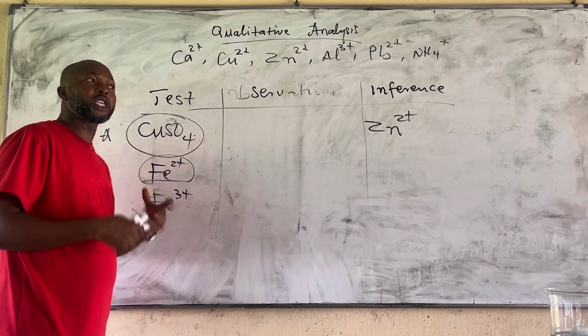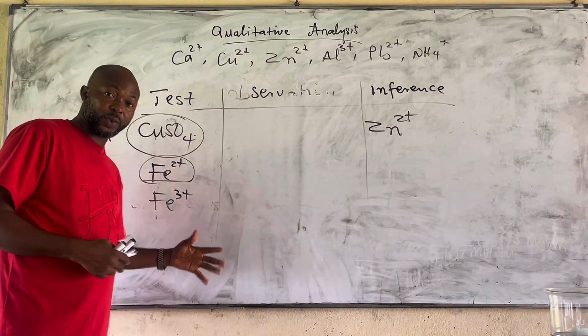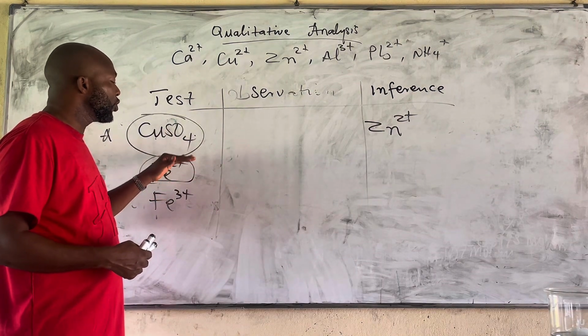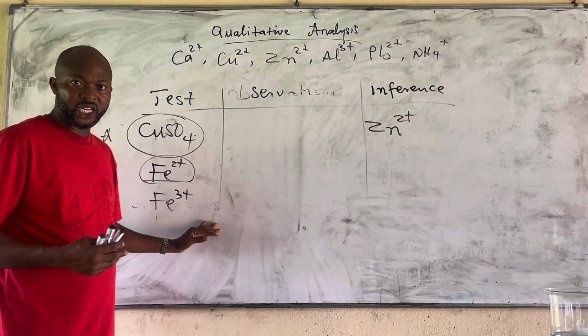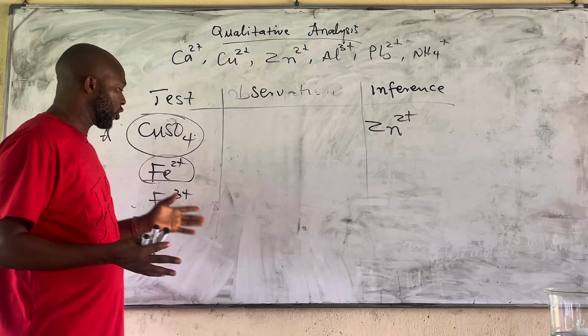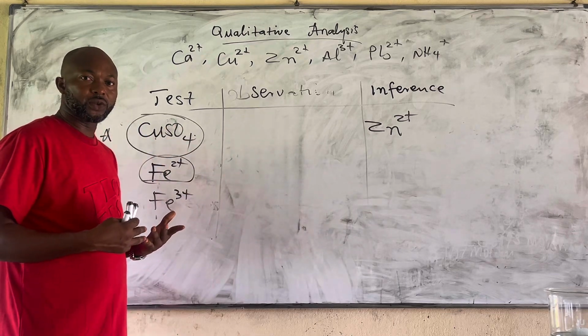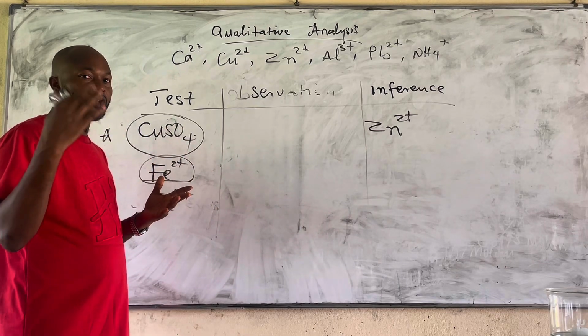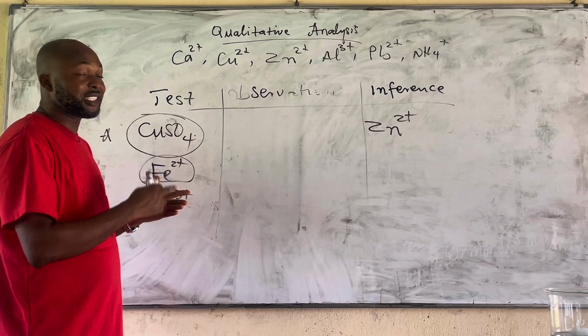Iron 3+ will give us a reddish brown gelatinous precipitate, which is insoluble in drops and excess of sodium hydroxide. So by virtue of that, once I see a brownish solution, my mind goes straight to iron 3+. I see a light green, it goes straight to iron 2+. Light blue goes straight to copper 2+. White, things that come to mind will be lead, aluminium, and zinc.